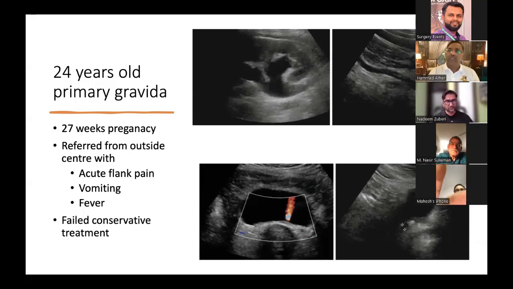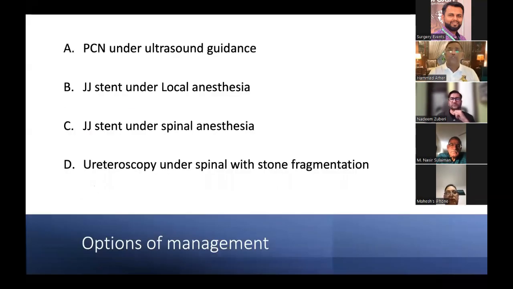And as you can see in the ultrasound, at the bottom of the picture on the right side, there is a stone in the distal ureter. So once we have tried everything and we couldn't succeed in managing her condition with conservative treatment, we start looking for other options.